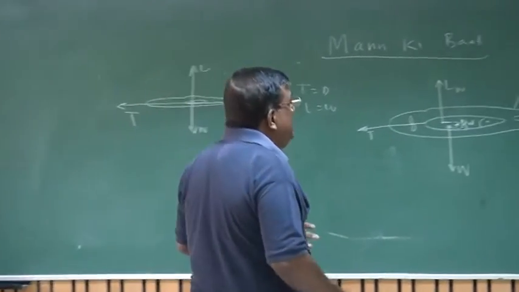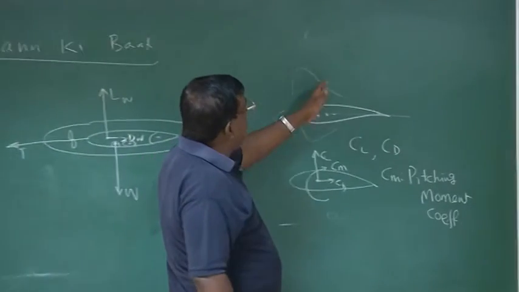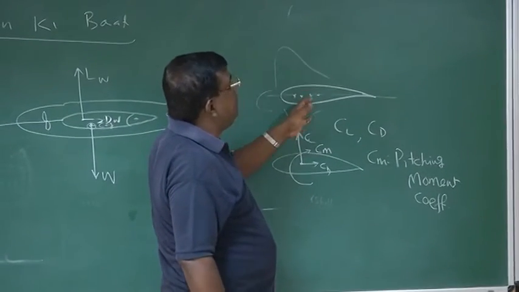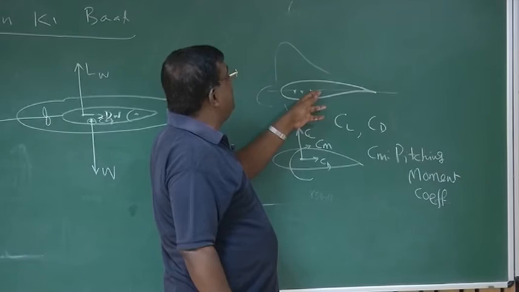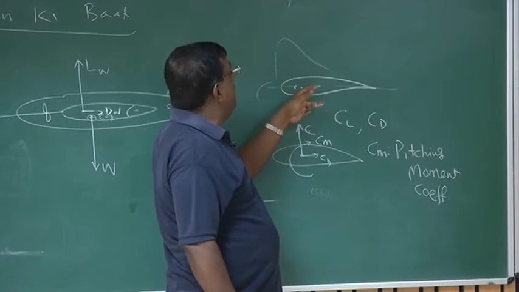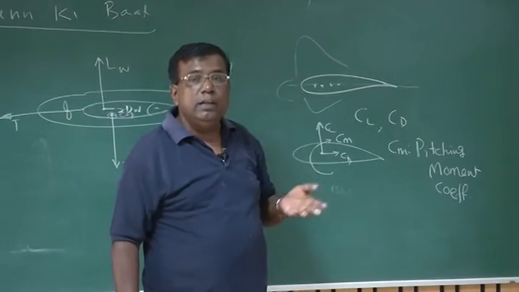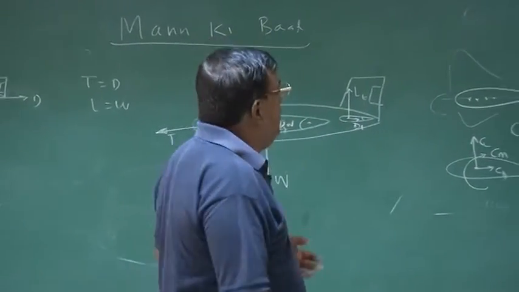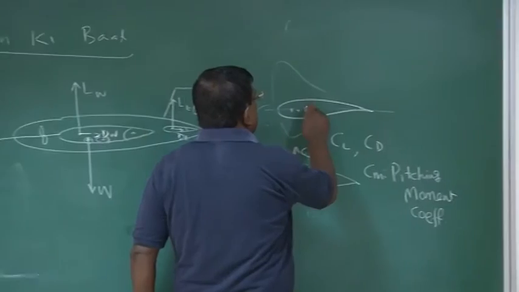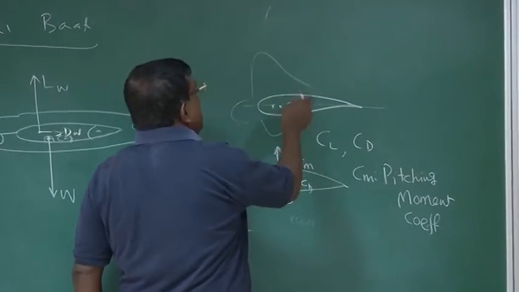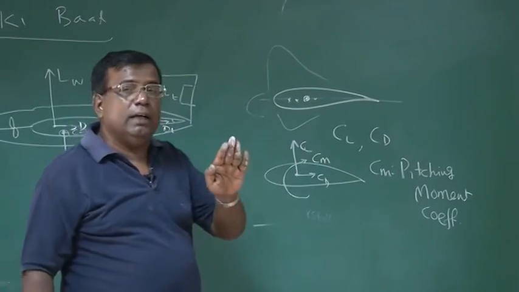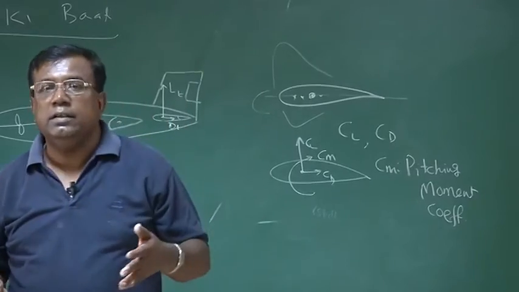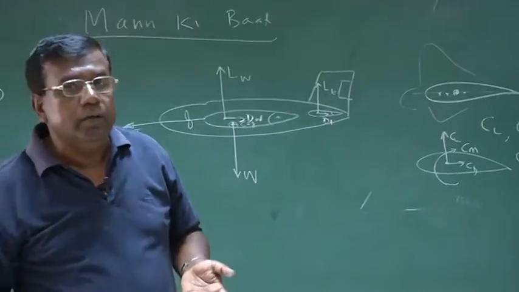I will repeat again. See, this is the force out of this pressure distribution. If I take the moment of that force about any point on the chord, it will vary, and it will vary with angle of attack also, right? For example, if I choose one point here, the resultant will give some pitching moment. If I change the angle of attack, the lift distribution will change, lift will change, and the pitching moment also will change.